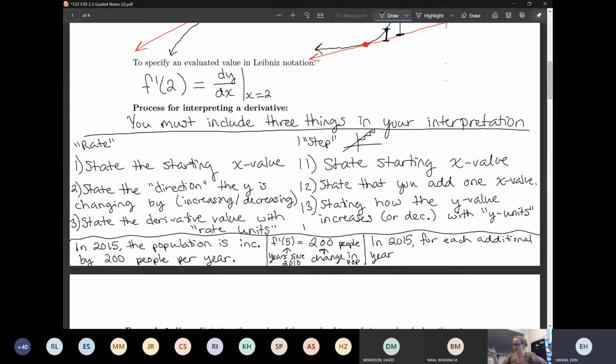It's not that rate unit anymore. So if I wanted to finish this out, I'd say in 2015, for each additional year, the population increases, I'm going to abbreviate increases, kind of running out of space, by 200 people. And just people, not people per year.